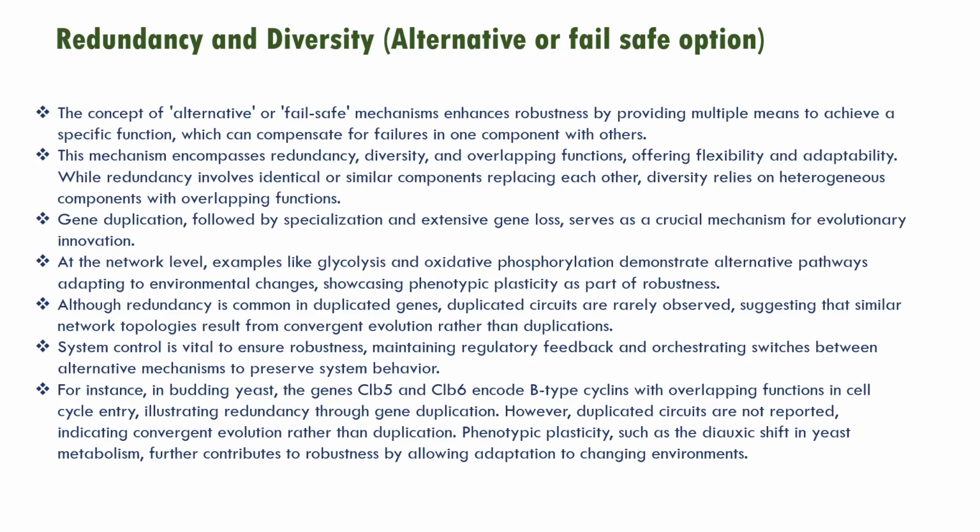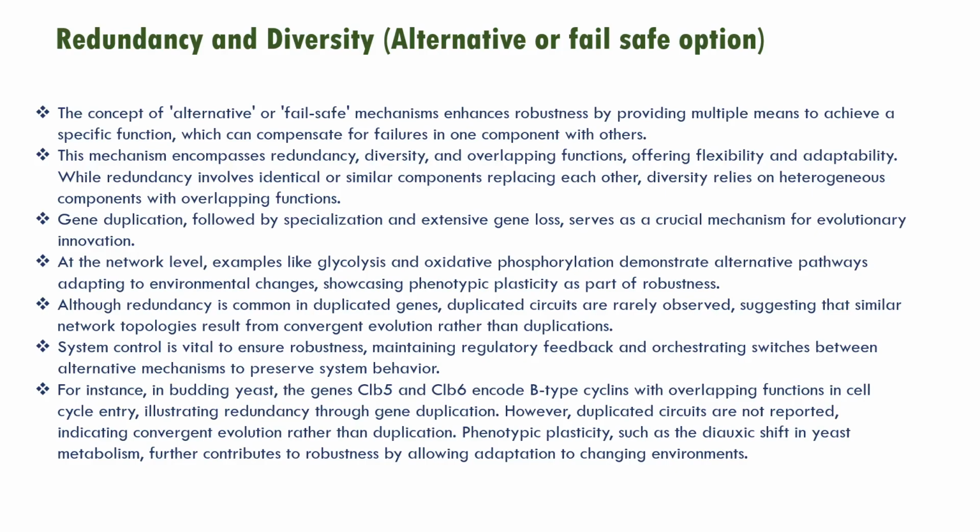Although redundancy is common in duplicated genes, duplicated circuits are rarely observed, suggesting that similar network topologies result from convergent evolution rather than duplication. As I said, not all of them are perfect for the cell. So redundancy, although common in duplicated genes, doesn't show up as duplicated circuits, because all genes won't be duplicated.